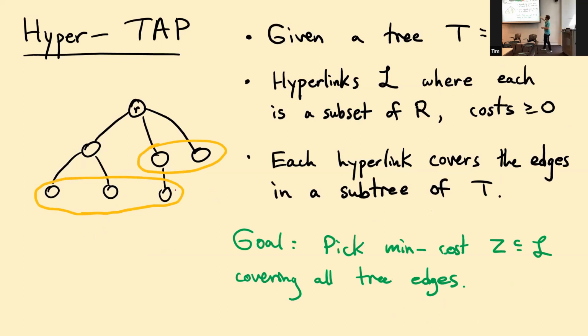Formally, you can define hypertap where you're given a tree, and now you're given hyperlinks, which are just subsets of tree nodes. Each of the hyperlinks covers the subtree rooted at the node which is the least common ancestor of the nodes it joins. And then the goal is to pick the cheapest subset of hyperlinks to cover all the tree edges.